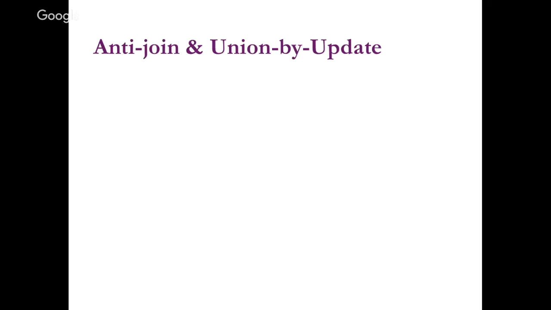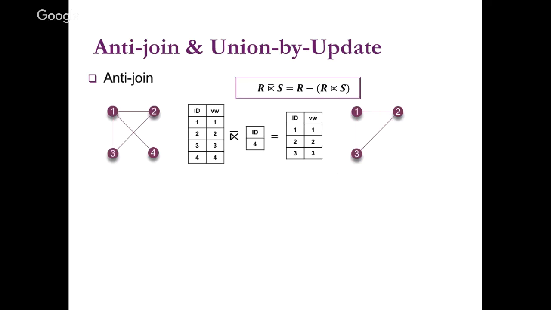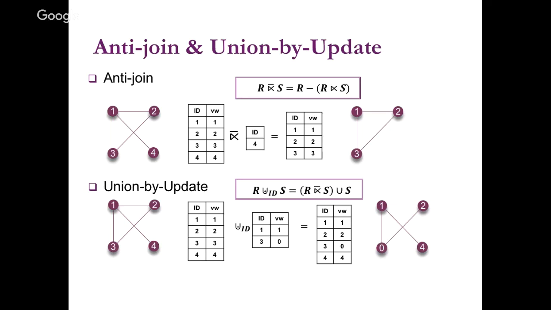And here we also use two other operations, one of which is called anti-join. It serves as a special selection to filter nodes or edges which are unnecessary in the following computation. It is defined as the relation R which cannot be semi-joined with the relation S. And the other operator is union by update.